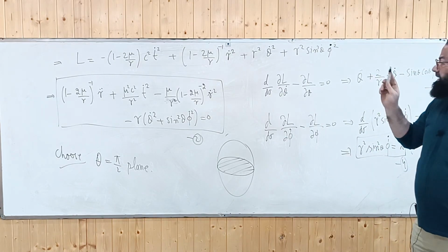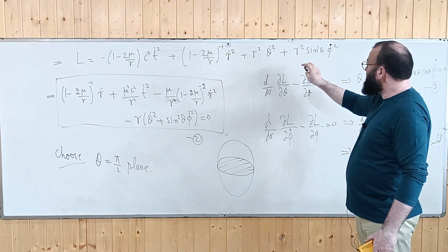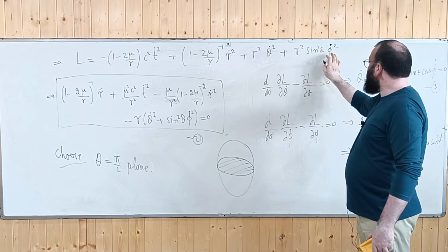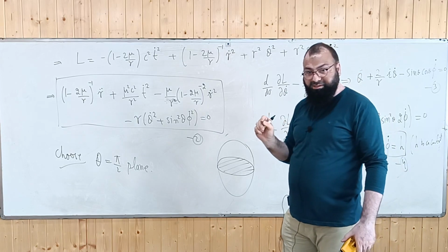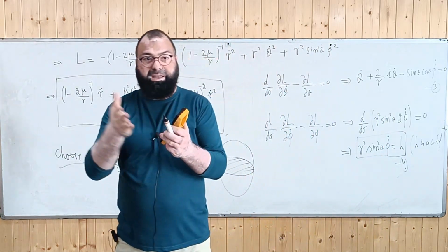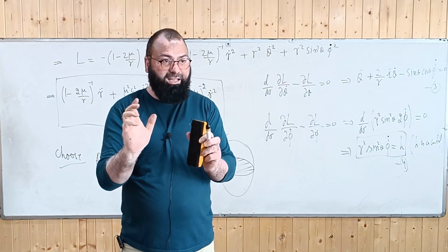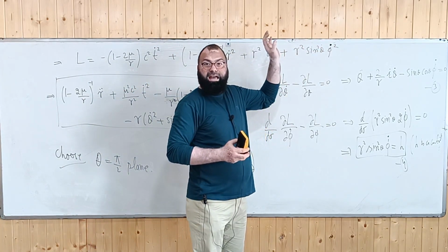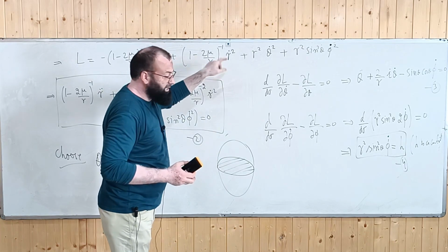Now look at the Lagrangian itself. When I fix theta, this term will not be there. You can fix phi as well: let me fix a plane such that theta and phi are fixed. Then in the metric I can ignore these terms and only play with the t and r coordinates.